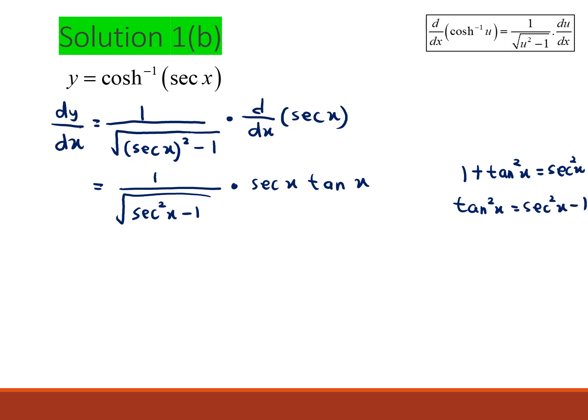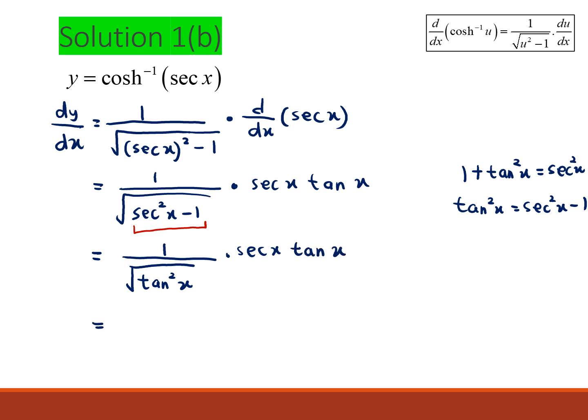So we can represent this secant square x minus 1 as tangent square x, times secant x tangent x.